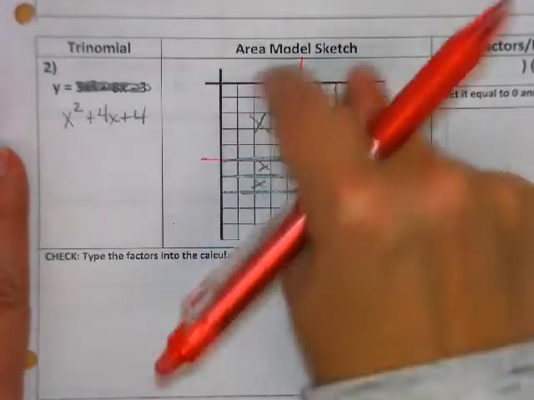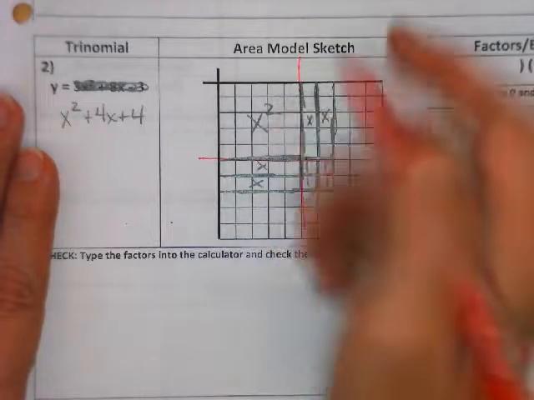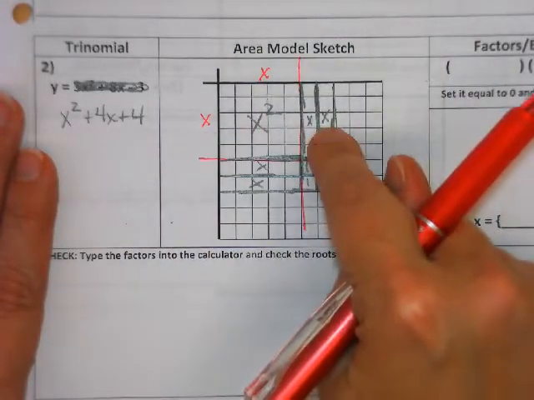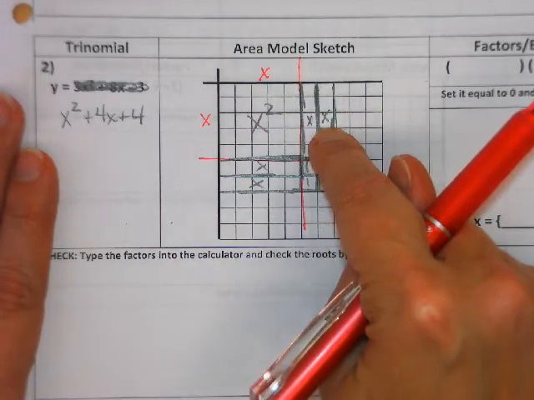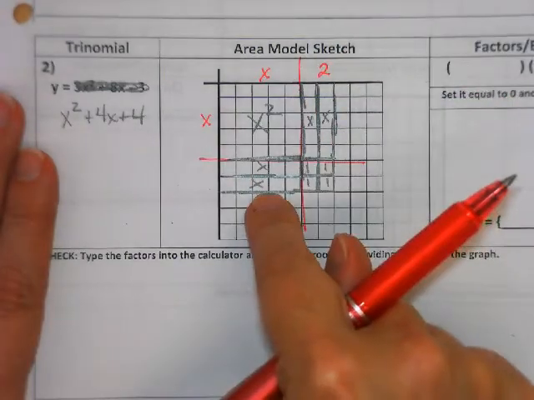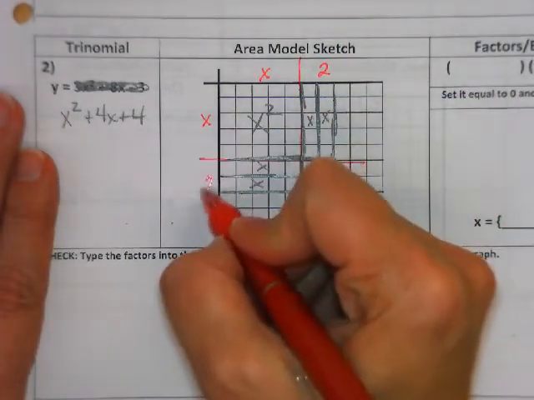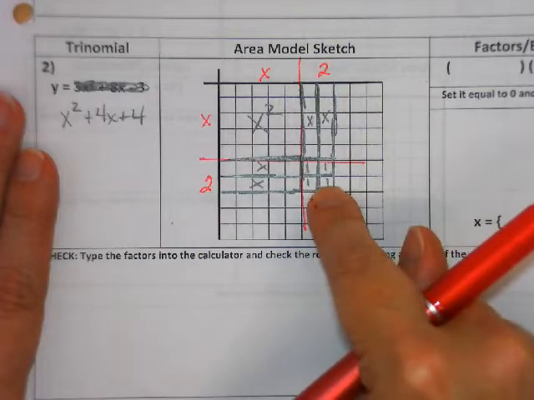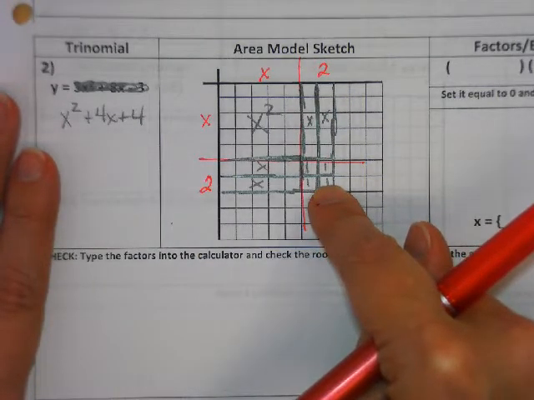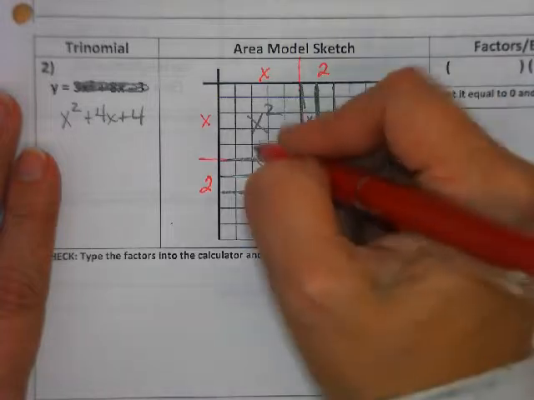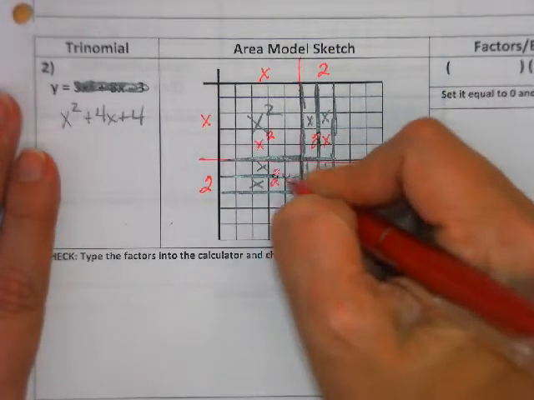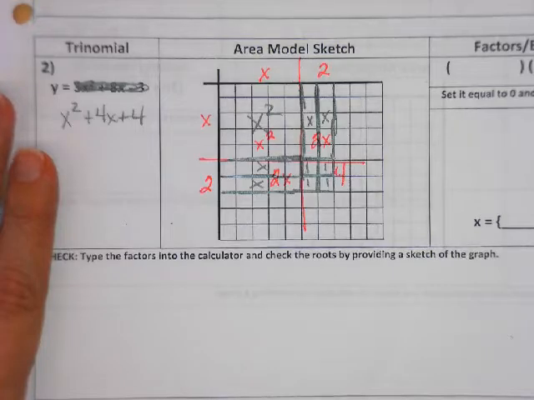What times itself gives us x squared? X times x. What times x gives you 2x? 2. What times x gives you 2? 2. And then 2 times 2 gives me my 4 that I want here. You see that? So this is my box in the sense that I have x squared, 2x, 2x, and 4.